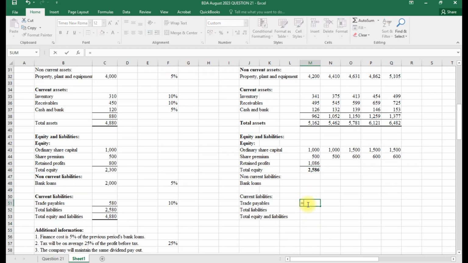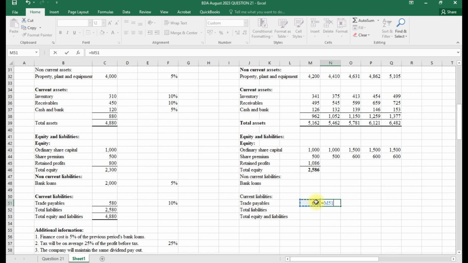So our payable here will be growing at 10%, 1 plus 10%. Fully lock that first, enter. The second year will be the first year.